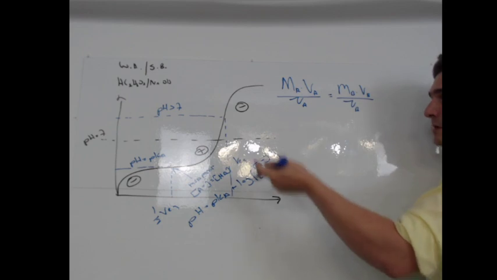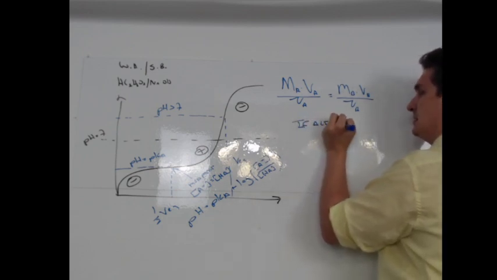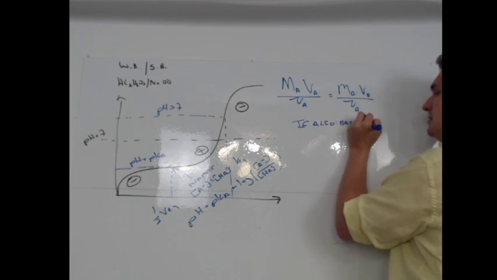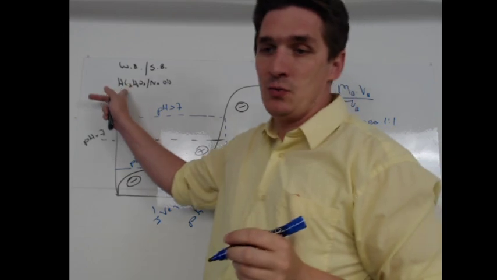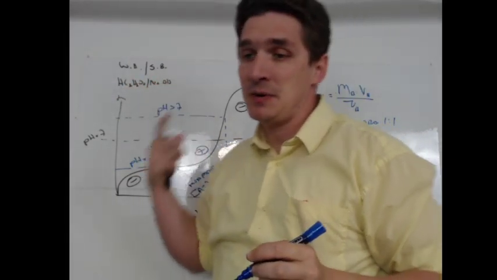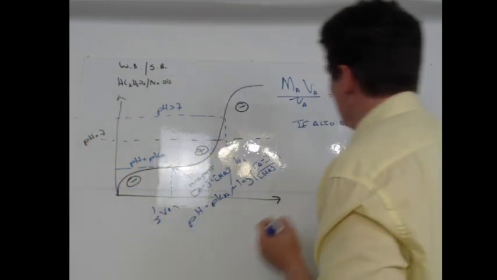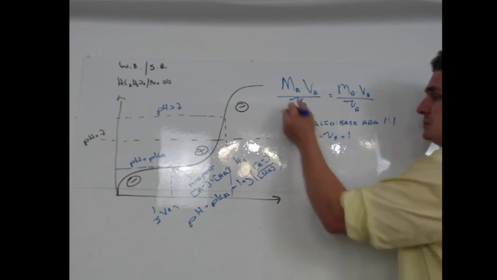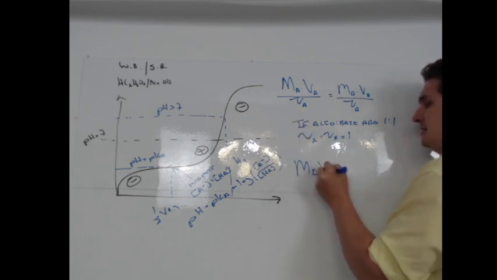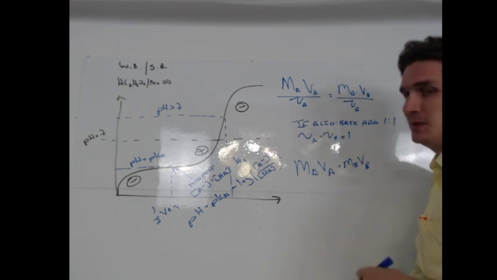Now, if they are 1-to-1, being something like acetic acid, there's only one acidic proton and the sodium hydroxide is basic, one base, then we can say that nu A and nu B are both 1. So this will simplify to MA VA equals MB VB.